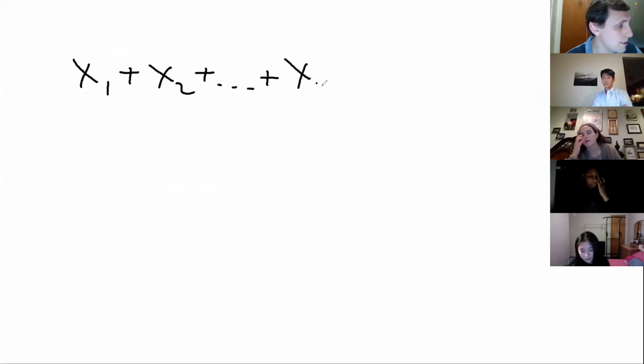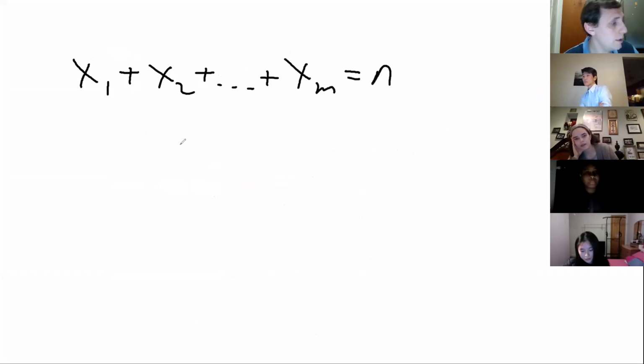Here, guys, again, if I have the situation where x1 plus x2 plus through xm equal to n, and I know that xk has to be bigger than or equal to nk, all I have to do is convert to the red equation.